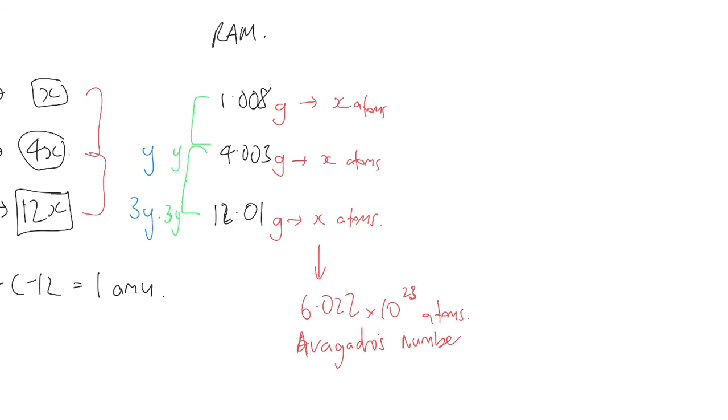Any one of these elements, if I weigh out its stuff, so if I get 58.69 grams of nickel, I'll get 6.022 times 10 to the 23 atoms. And this number is effectively now our unit. Just like we measure eggs in dozens, we now measure everything within this number, and this number is called a mole.